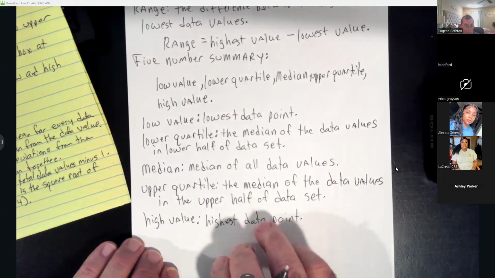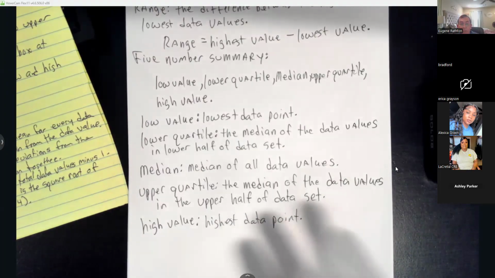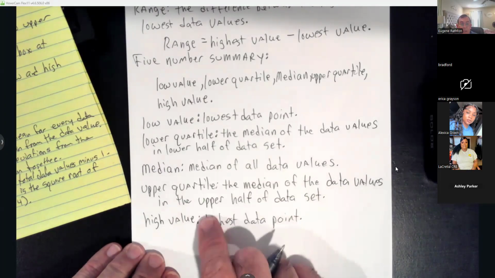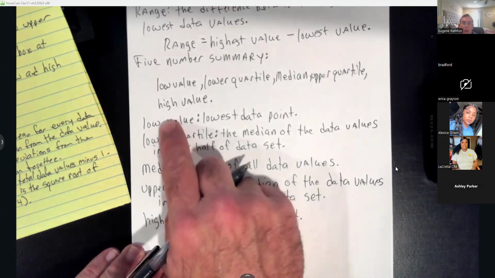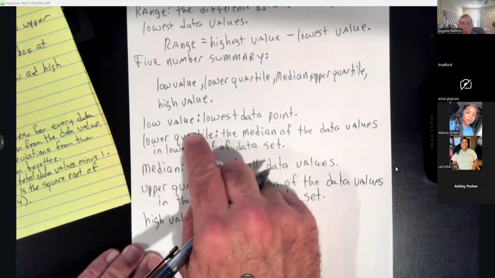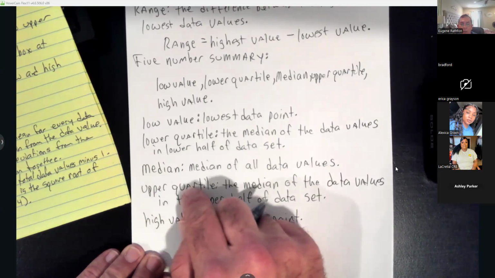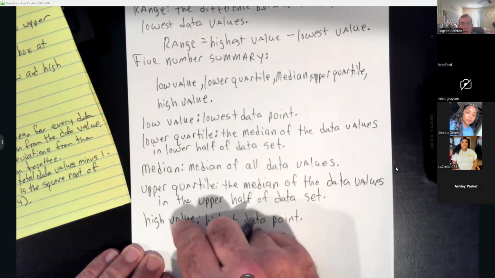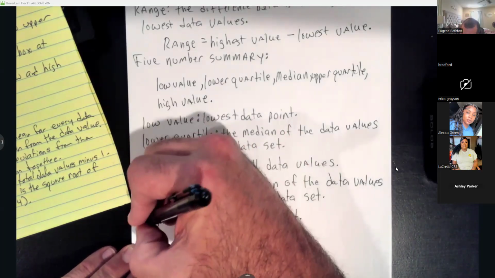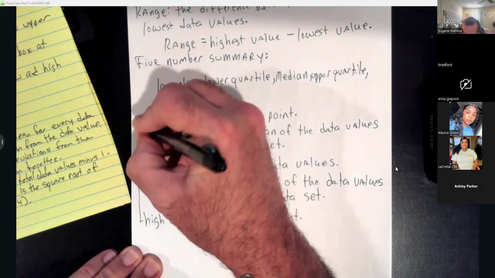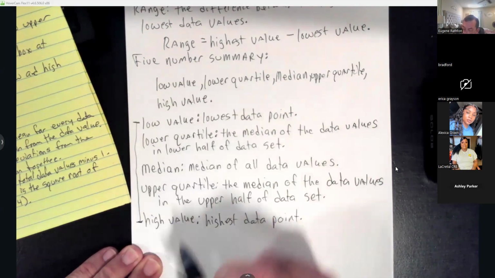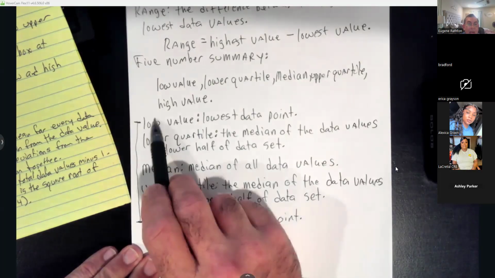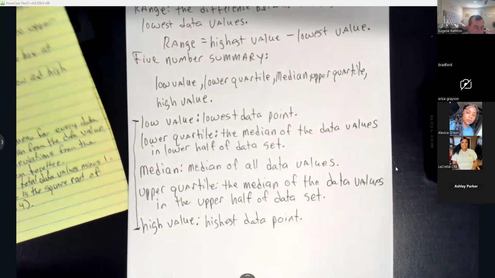So later on, I'm going to show you how to make what we call a box and whiskers plot using these type of numbers here, okay? The low value, the lower quartile, our median, upper quartile, and high value. And if you notice, this would cover the range because the range would be the difference between the high value and the low value, okay?